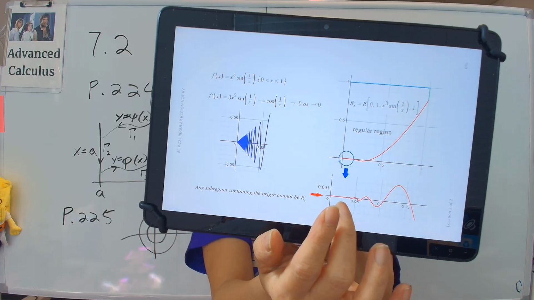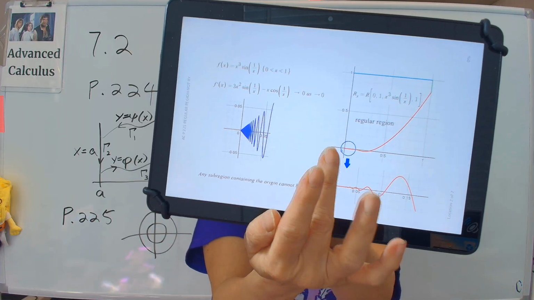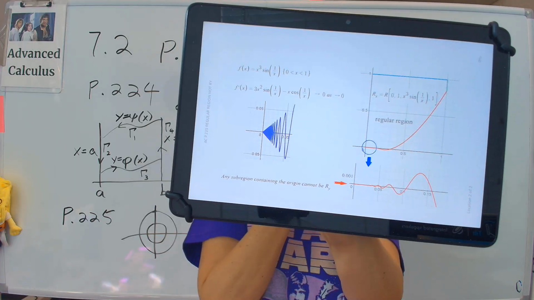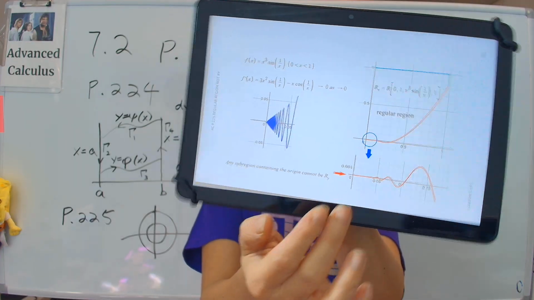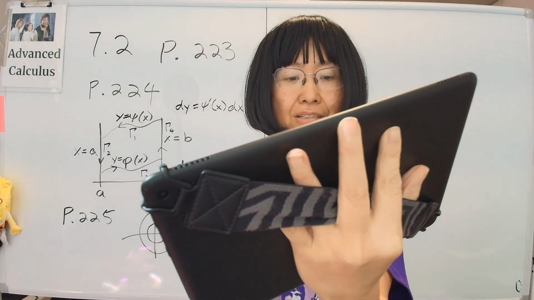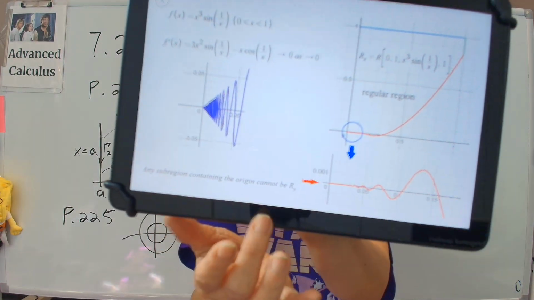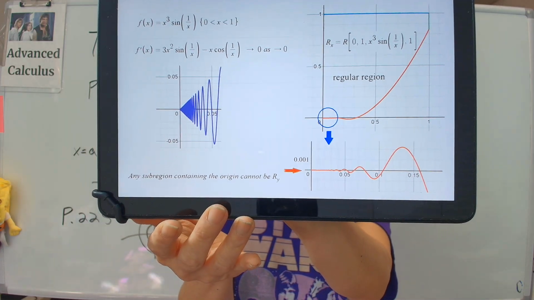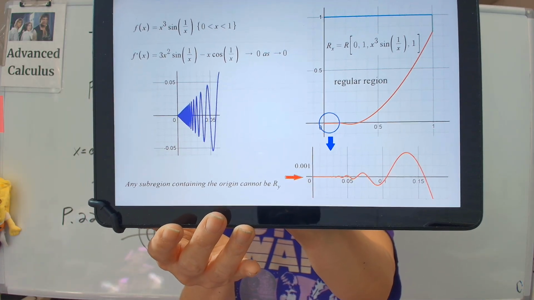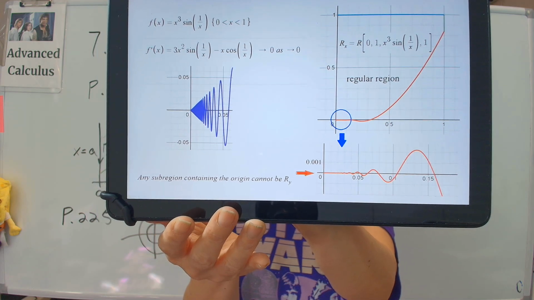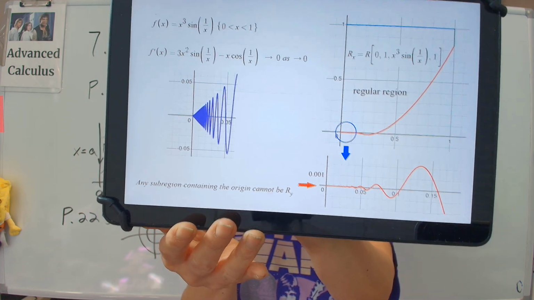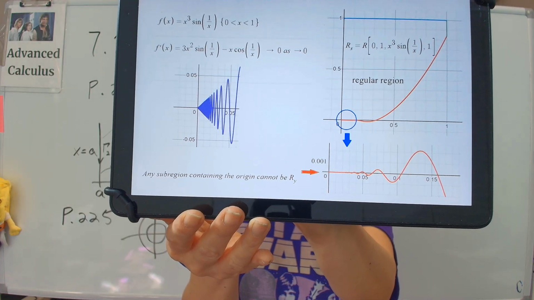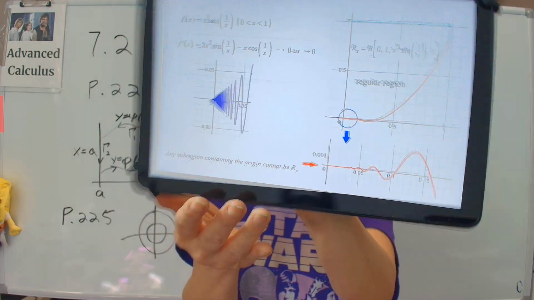At the origin, when you zoom in, it just keeps wiggling forever. So in other words, any subregion that contains the origin cannot be Ry, which is what I said. Because if you have to contain the origin, there is too much vertical wiggling up and down past the origin for you to be able to do anything about it. So that is why this is the case.